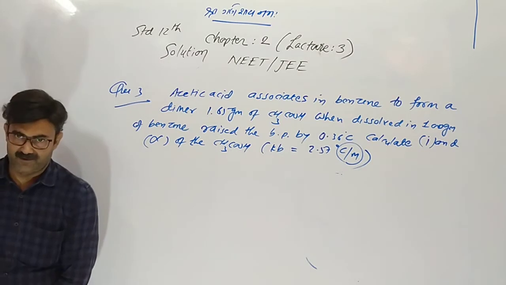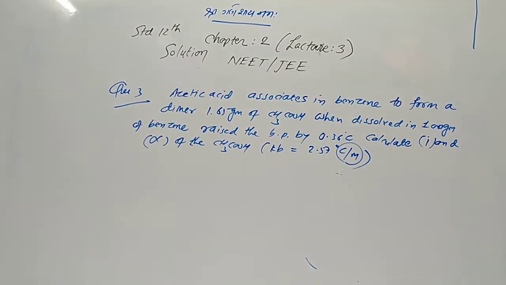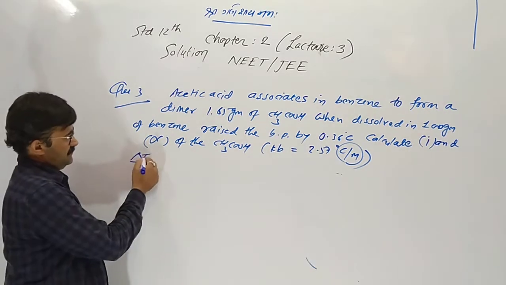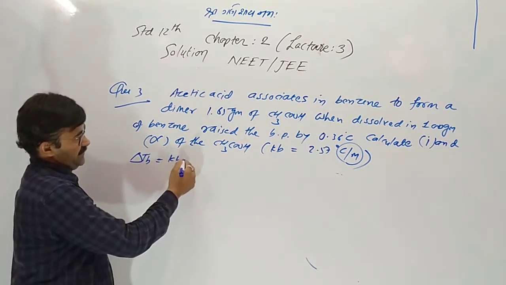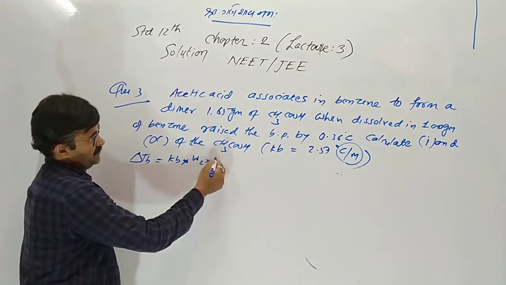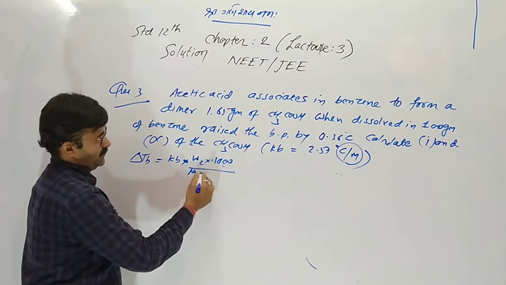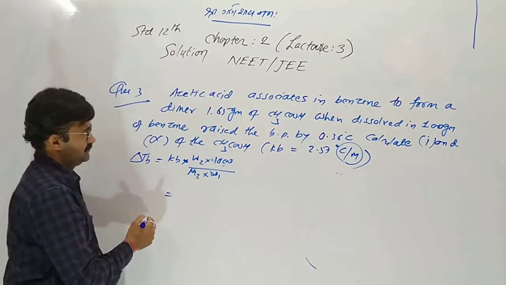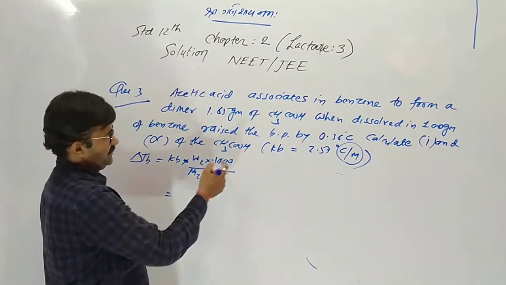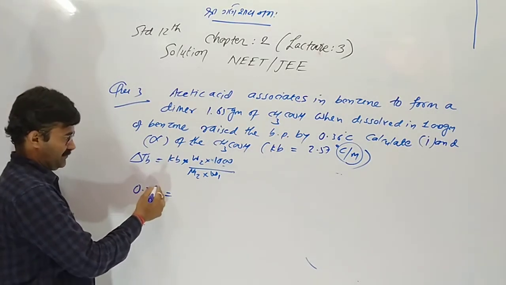First of all, calculate the van't Hoff factor. Calculate the molecular mass from the elevation in boiling point. So delta Tb is equal to Kb into W2 into 1000 upon M2 and W1. Delta Tb is 0.36, the given raise in boiling point.